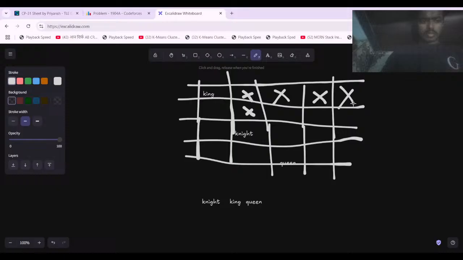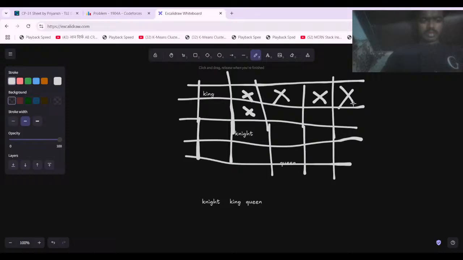Right, and now the knight has come to this position. So we can understand that this knight is a bit tricky.